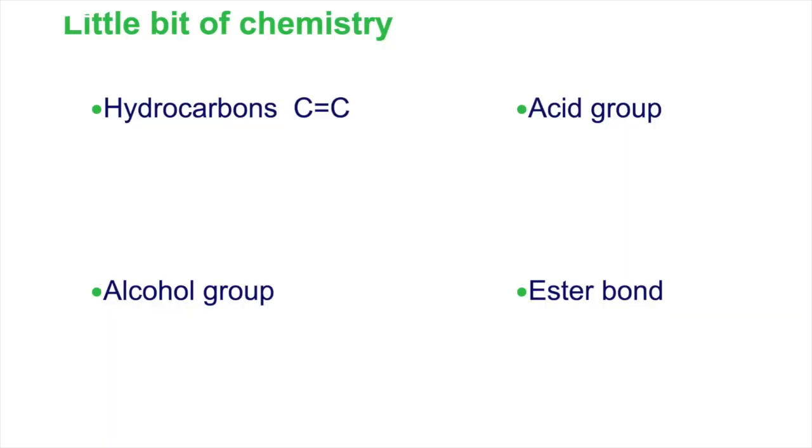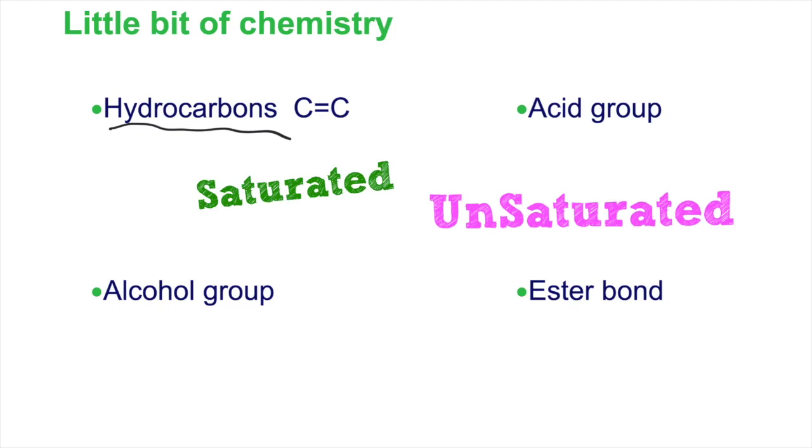We're now going to have a quick chemistry introduction. To learn how lipids form, you really have to have basic knowledge of bonding and the types of hydrocarbons. Hydrocarbons actually fall into two categories. Hydrocarbons could be saturated or unsaturated.